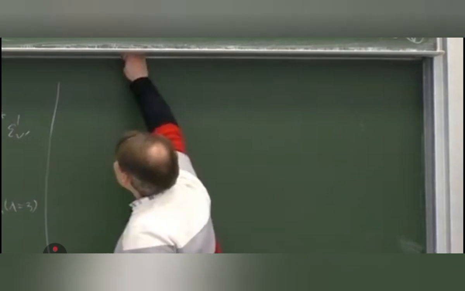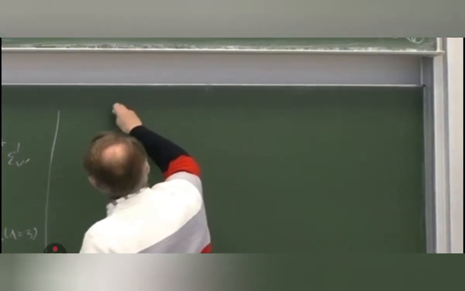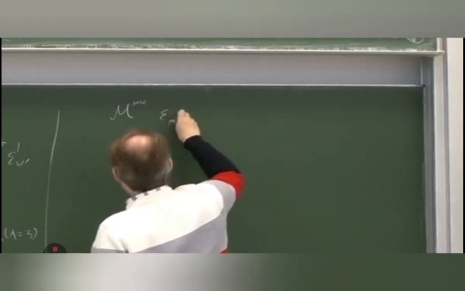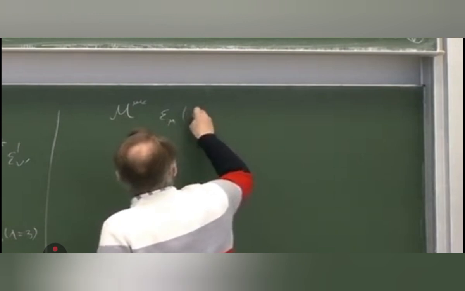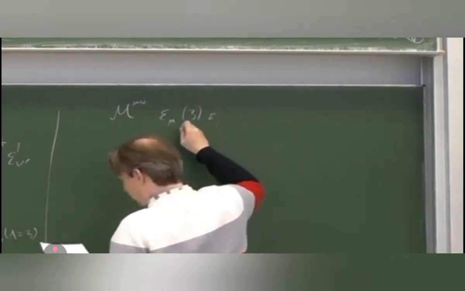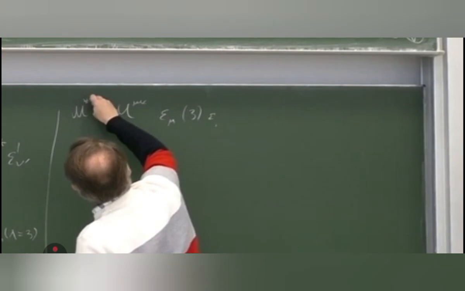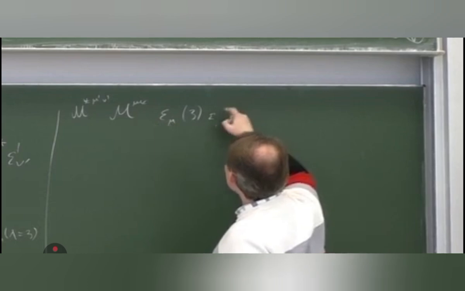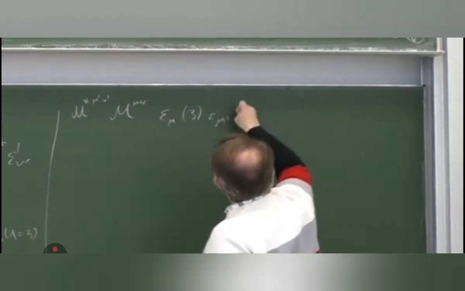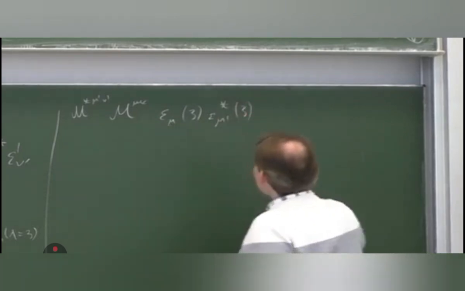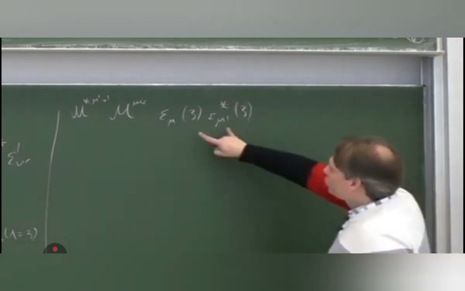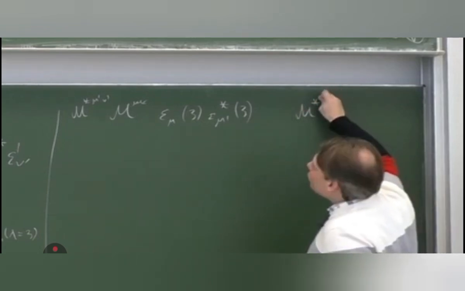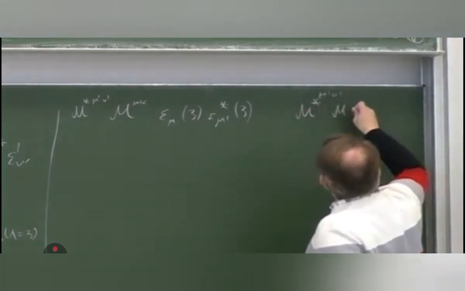Therefore, we can now write the analogous relationship, namely M^{μν} times ε_μ with 3, M*^{μ'ν'}, M^{μν} times ε_μ and ε*_μ' for one photon but squared, 3 polarization, and we compare it to the same expression with the 0 polarization.